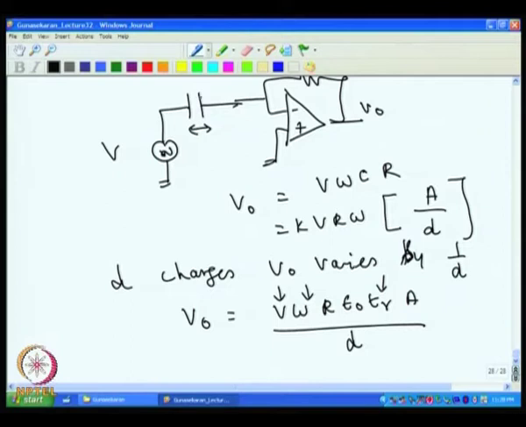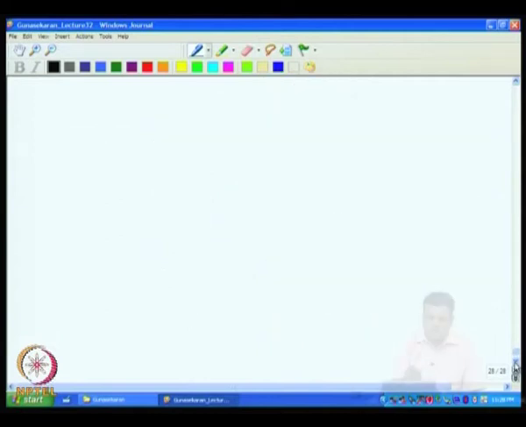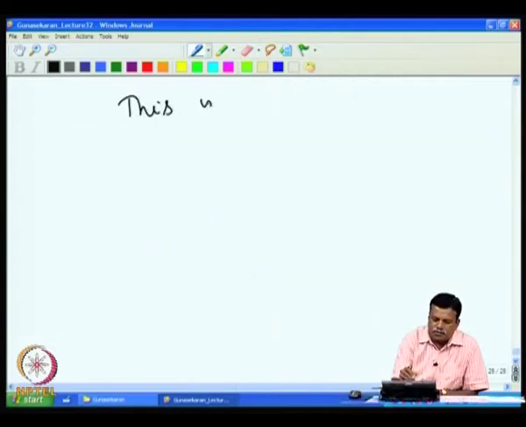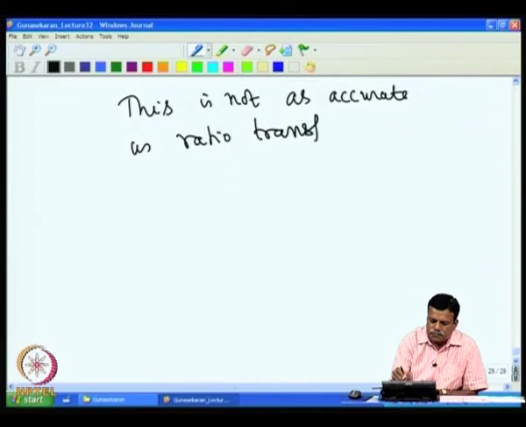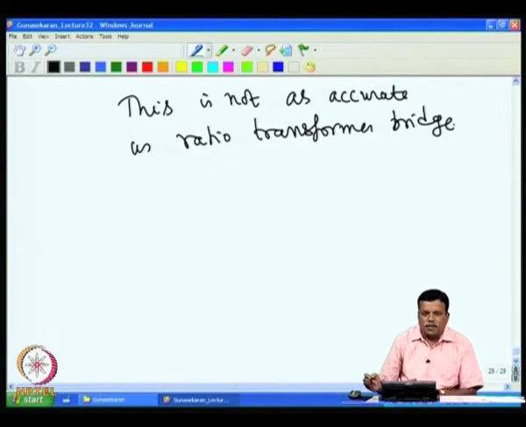So, if you compare this with the ratio transformer bridge, this is not as accurate as the ratio transformer bridge.